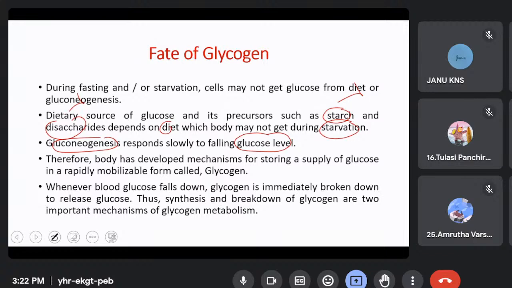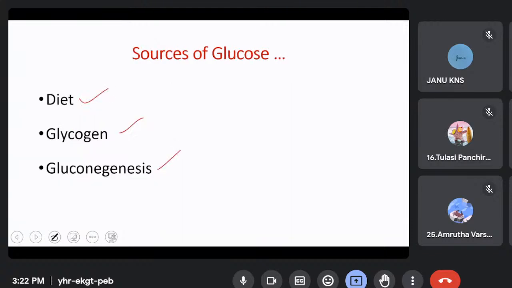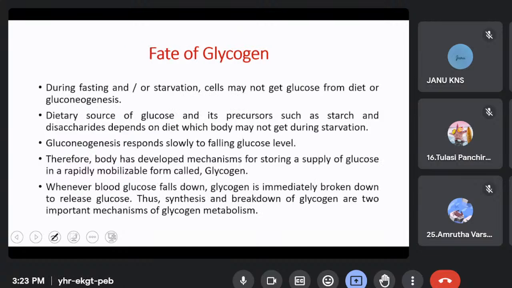Therefore, the body has developed a mechanism for storing a supply of glucose in a rapidly mobilizable form called glycogen. So, out of these three sources, glycogen is the immediate source of glucose, because it can be rapidly broken down and supplied through blood as glucose.